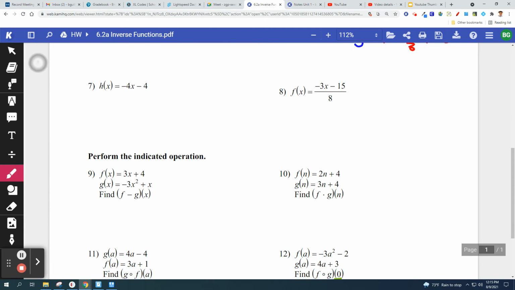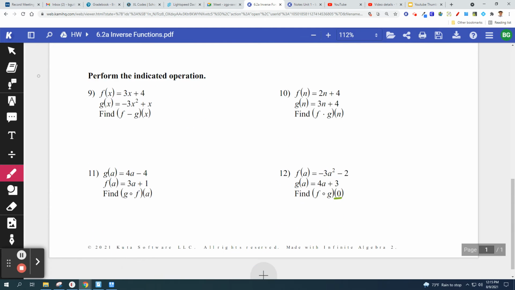Okay, so more of the same until we get down to the bottom here, and these are review problems. So number 9 is a subtraction, number 10 is a multiplication, 11 and 12 are compositions. And so look at number 11 because it's kind of tricky. When you see G of f of a, that's a composition, and I like to think of it as G of f of a.